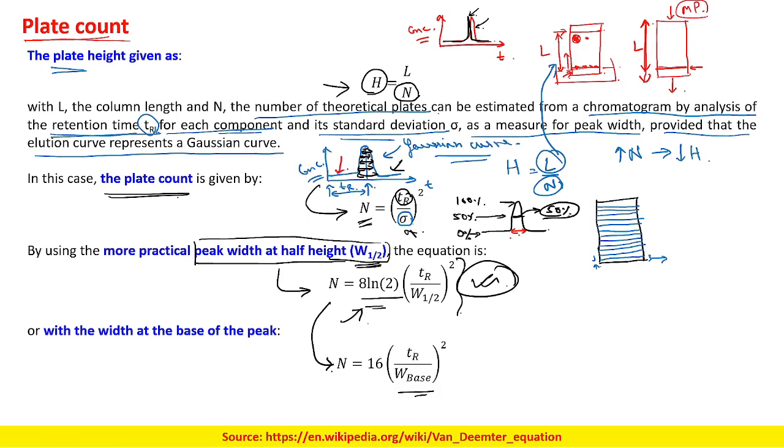The width at the baseline of the curve is regarded as the W base, and from there we can calculate the number of the plates. Okay. So usually, as I told you, higher the number of the plates, better will be the resolution power of your column or the plate.